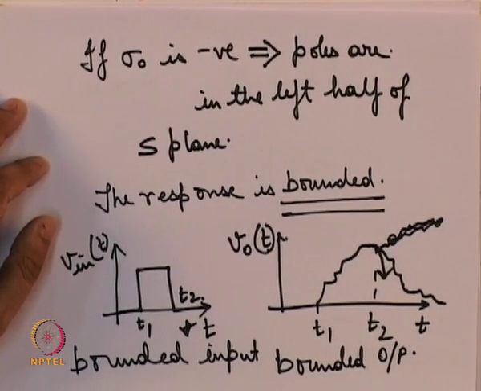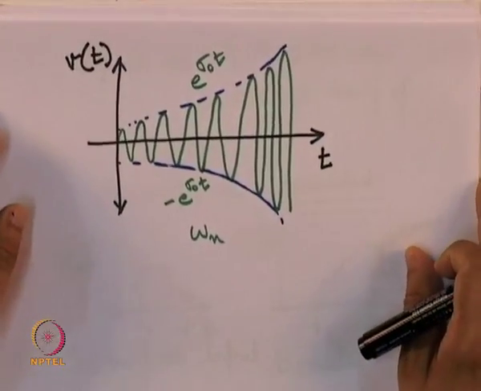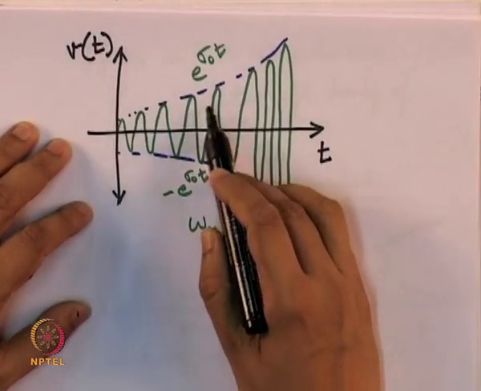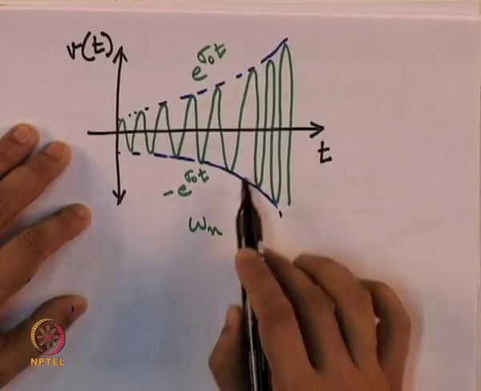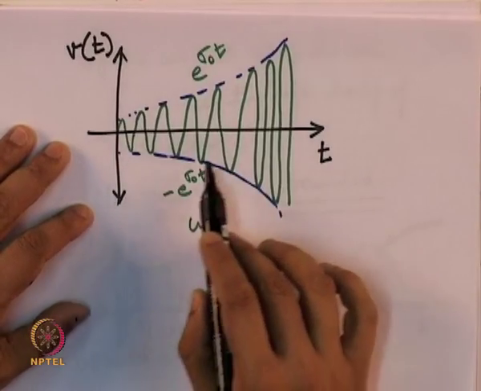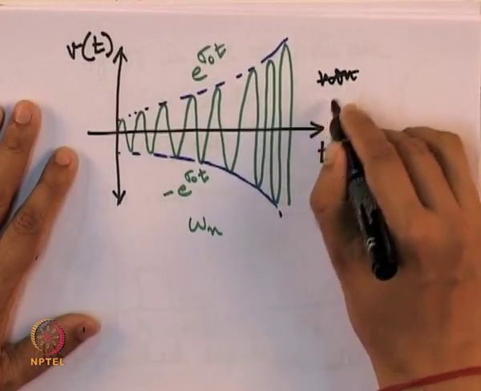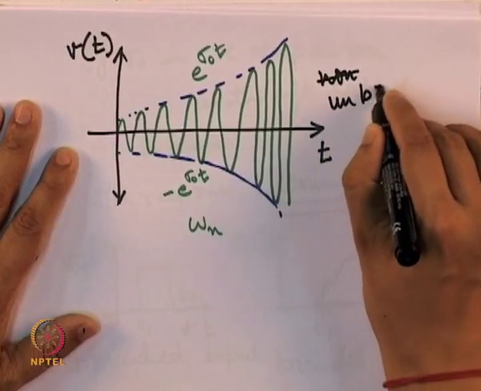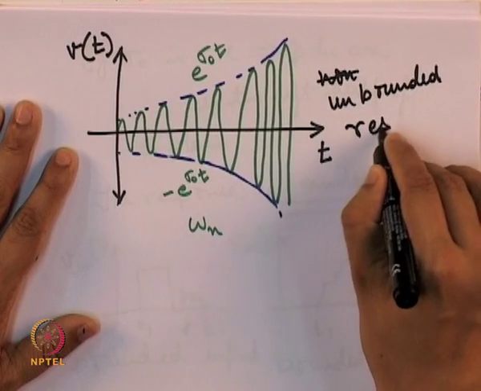In this case, when sigma 0 was positive, what did we see? Our output is going on increasing. Not only is it not decreasing, it is actually going on increasing. Hence, this is an unbounded response.